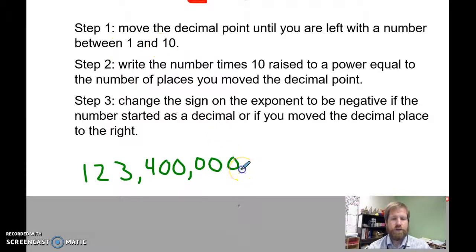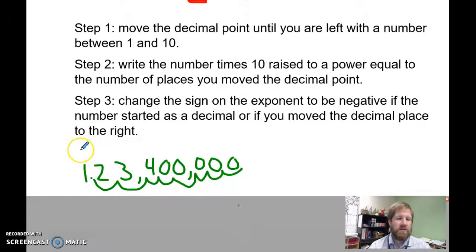All right, so I'm going to go over once, twice, 3, 4, 5, 6, 7, 8, and now I put my decimal place because I have a number 1.234, and that is between 1 and 10. Okay, then I'm going to rewrite just those numbers. I can drop all those zeros.